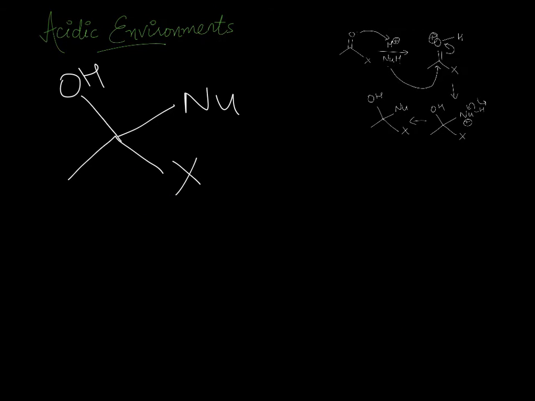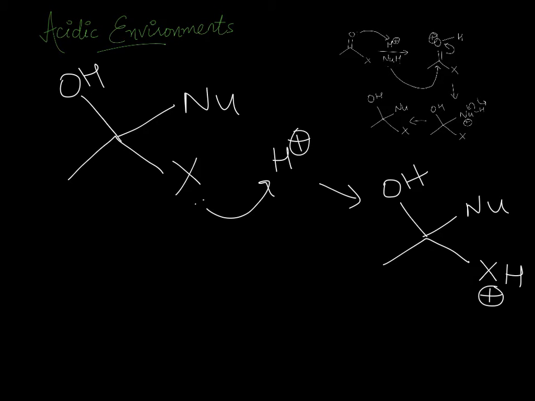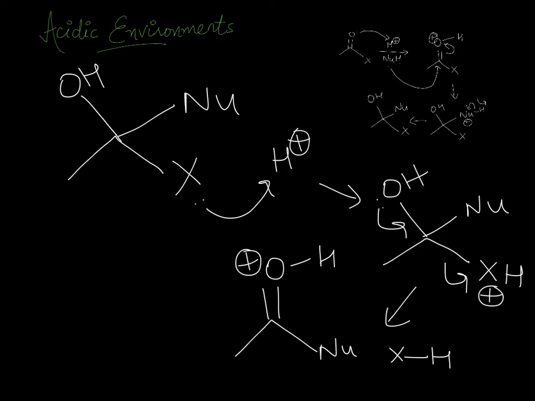So instead, we can have the leaving group grab another proton, producing this, and then have the oxygen collapse and kick the leaving group out. And now you can see that the leaving group has left with a neutral charge, which is fine in an acidic environment.